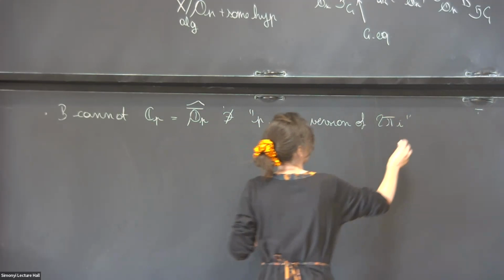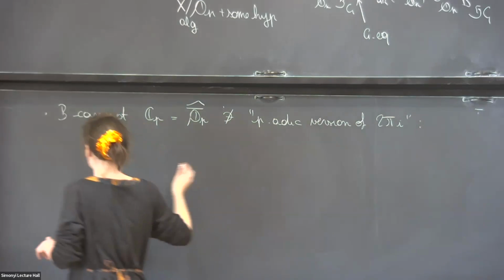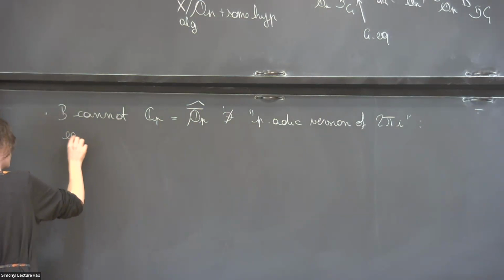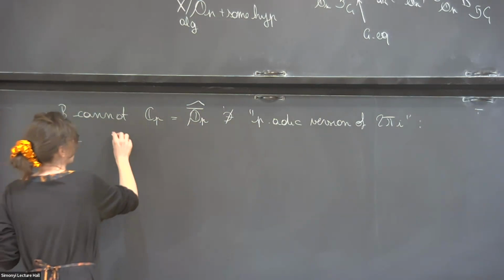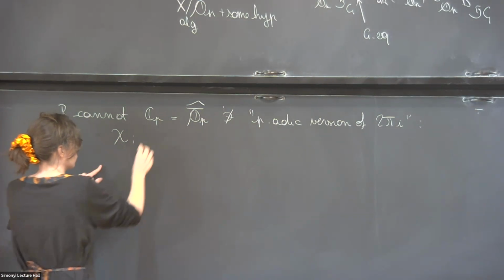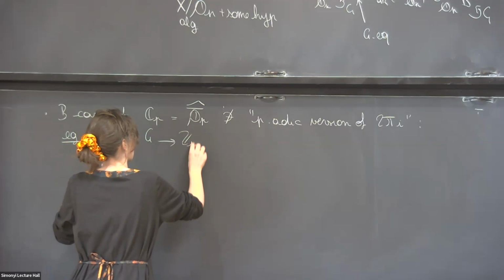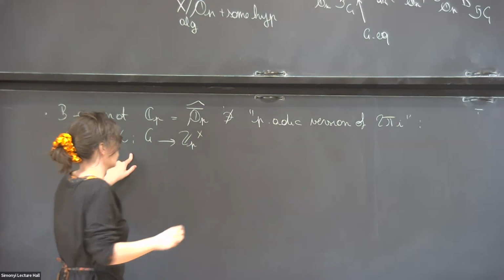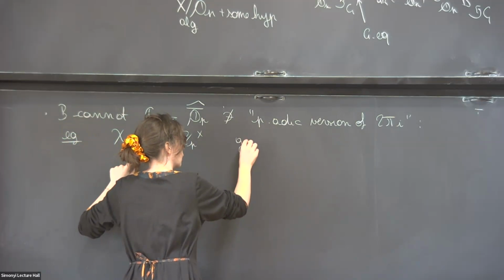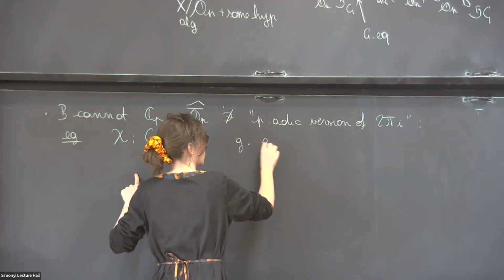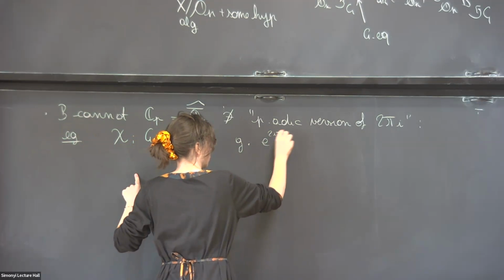What I mean by that is, for example, consider the cyclotomic character of G, from G to Z_p cross, defined by the action on the p-power roots of unity.